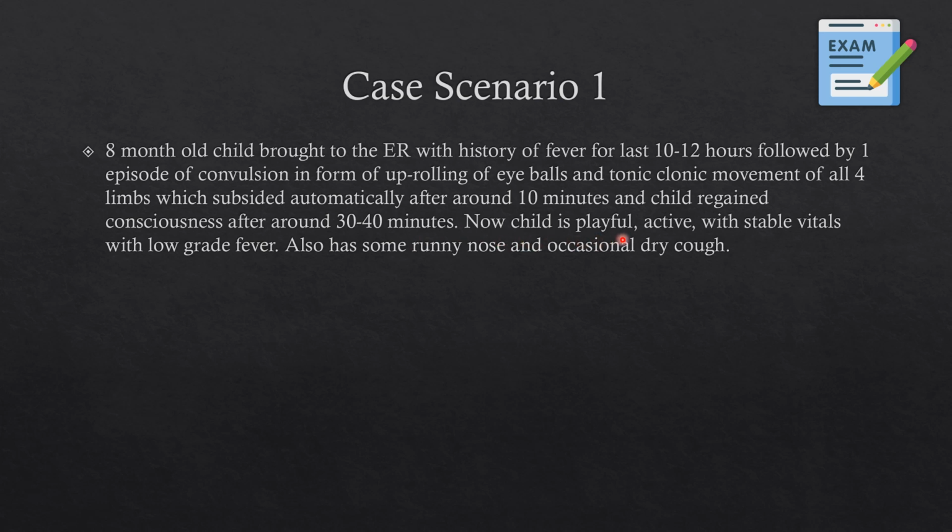Now the child is playful, active, with stable vitals, low grade fever, and also has some runny nose and occasional dry cough. So basically, if we can rule out any evidence of meningitis, trauma, or any intracranial infection or metabolic abnormalities, this is a case of simple febrile seizure, most probably precipitated by the fever caused by an acute respiratory infection.